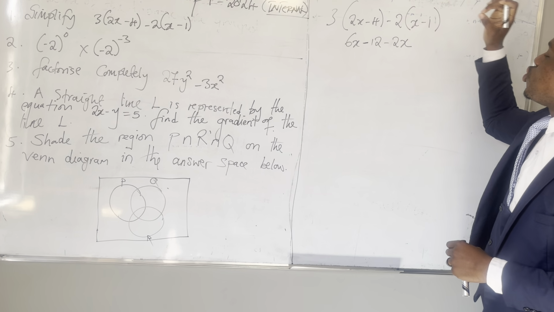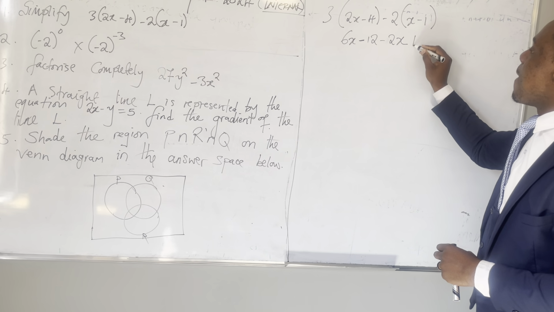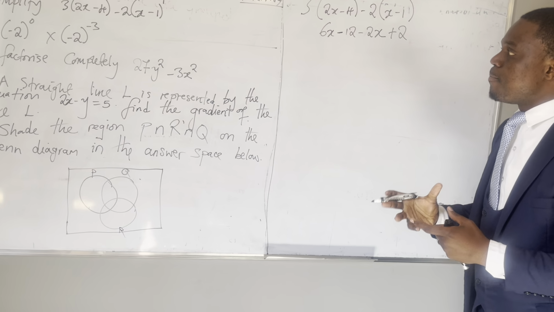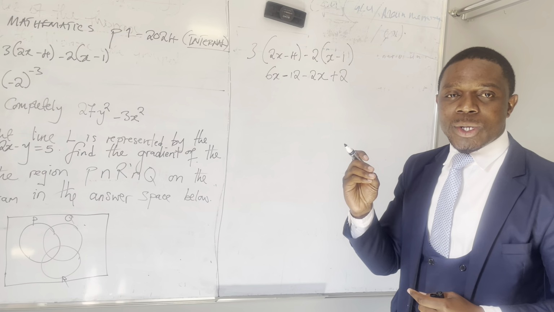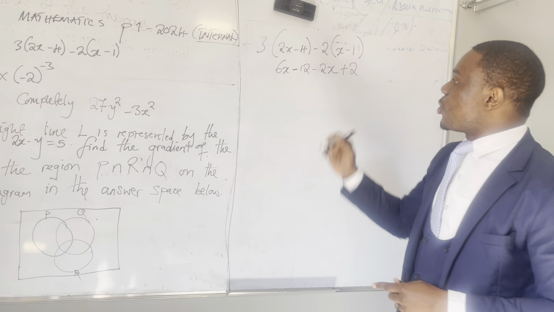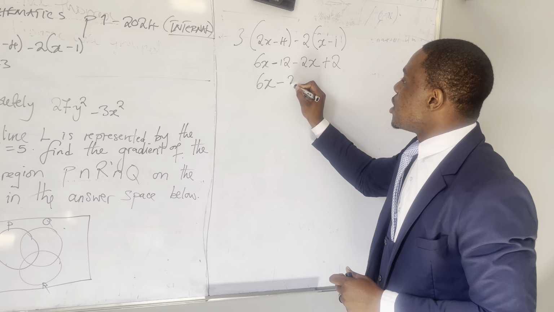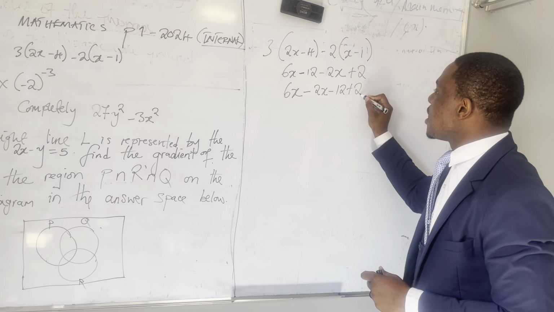Then negative 2 times negative 1 gives us positive 2. When you have an expression like that, quickly we have to collect what are called like terms. So for the like terms, we pick 6x minus 2x minus 12 plus 2.